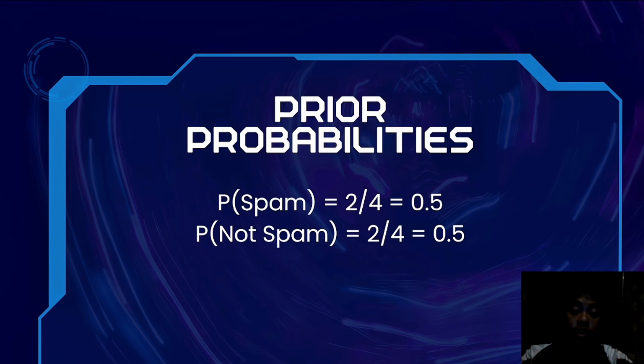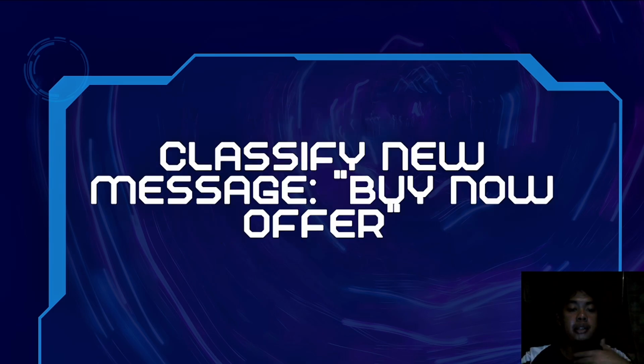This is the formula, and the given numbers are 2 and 4. The result of these two is 0.5. Let's proceed. Let's classify a new message.